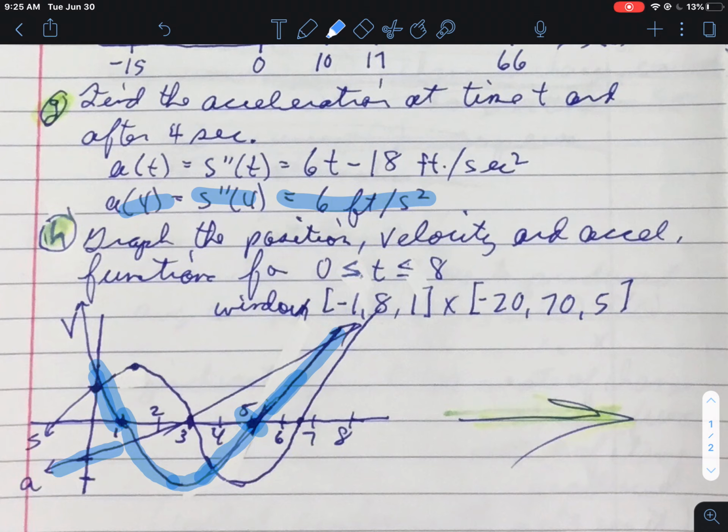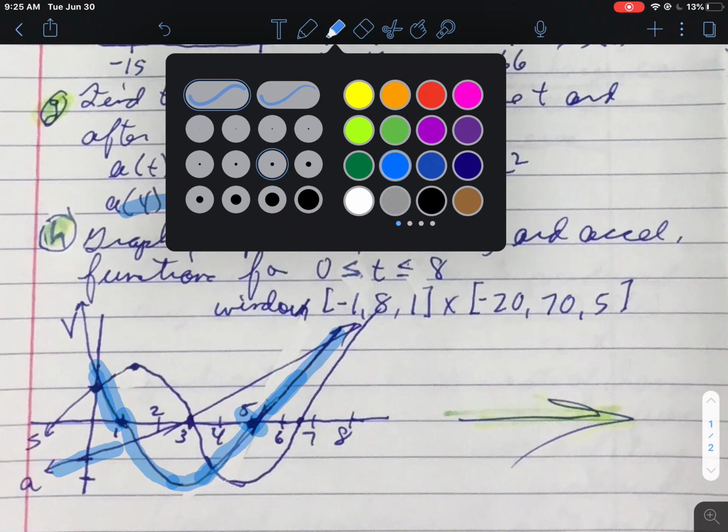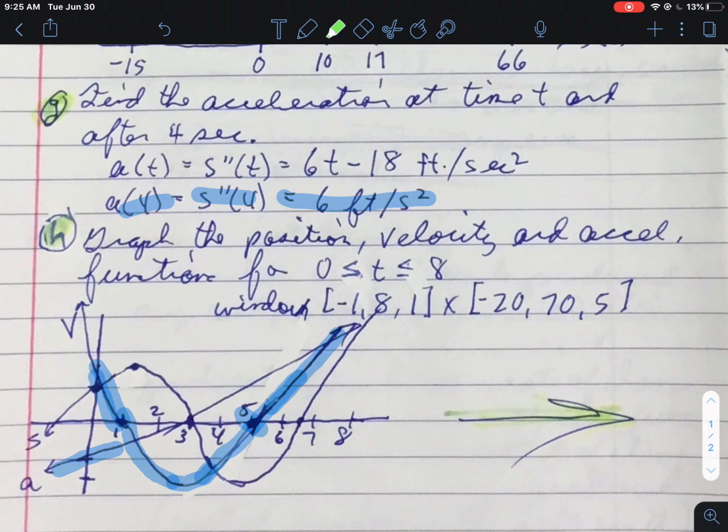On the interval from 0 to 3, let me change colors here. Interval from 0 to 3, we said the particle was speeding up. So notice our acceleration from 1 to 3 is also negative. So in other words, I have negative velocity and negative acceleration.